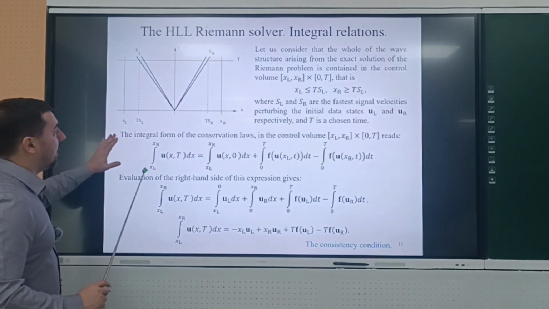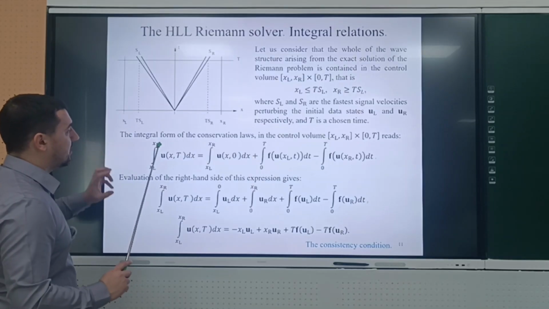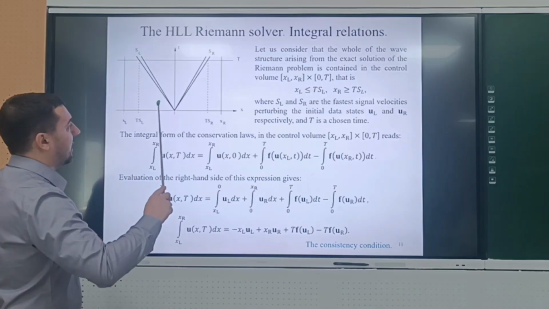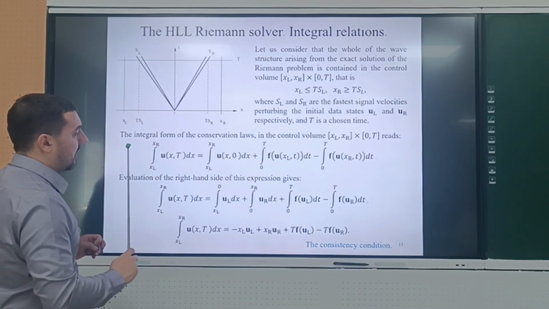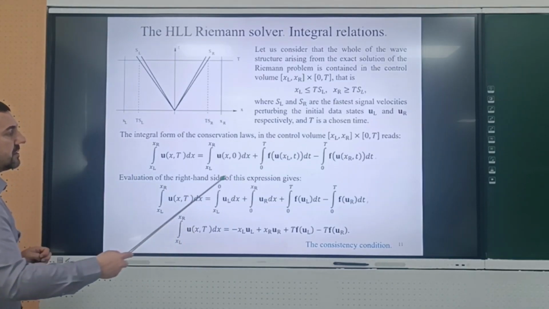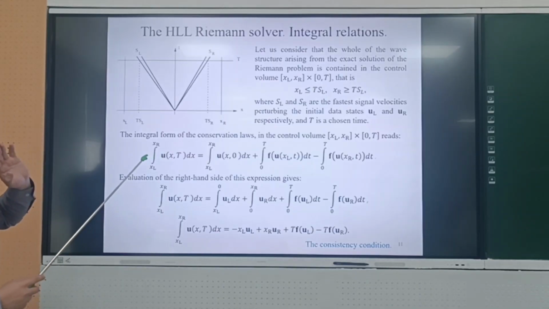Then we want to apply the integral form of conservation laws. We take this integral form and apply it to the control volume XL, XR, 0T, as we used this formula many times during our lectures. It's just the Euler equations in integral form.